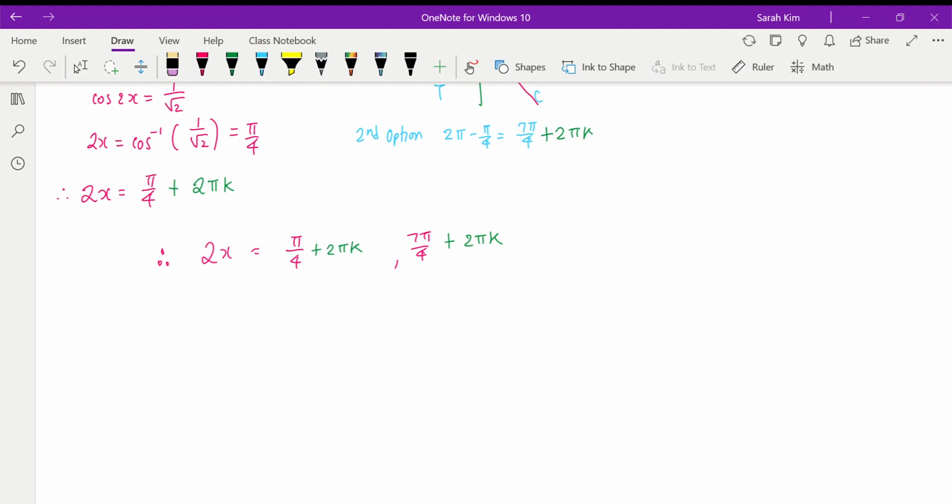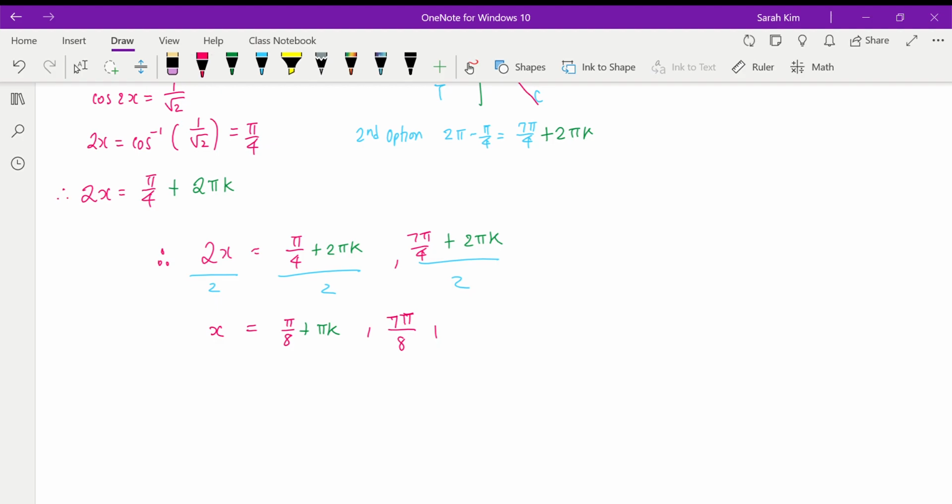We want 1 lot of x. So all I have to do is divide everything by 2 to get x by itself. Notice that there's 2 terms on the numerator, so I need to divide both of them by 2. So pi over 4 divided by 2 is pi over 8. And then plus 2 pi k ends up being pi k because that 2 cancels out. 7 pi over 4 becomes 7 pi over 8.